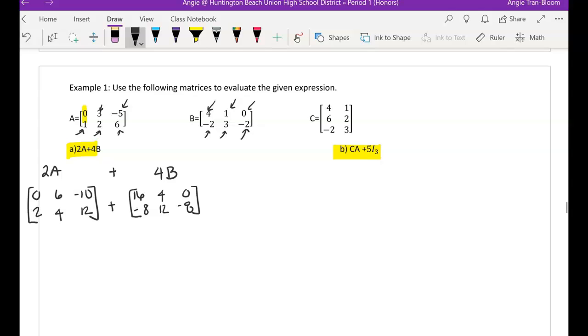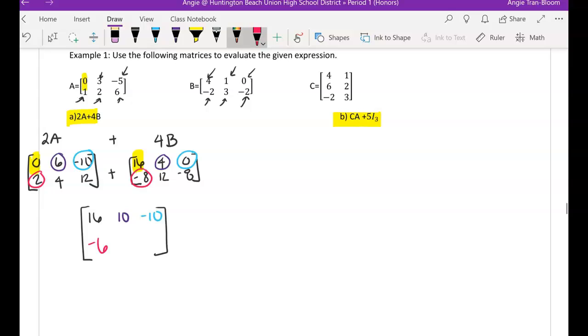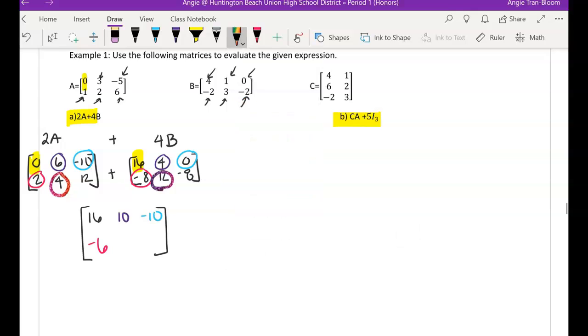When I add these two together, I'm going to have a 2 rows by 3 columns matrix, okay? All you're doing when you're adding is adding the same location. So 0 plus 16 is 16. Then 6 plus 4 is now 10. Then negative 10 plus 0 is negative 10. Then 2 plus negative 8 is negative 6. Then 4 plus 12. Ooh, that's fat. Okay, let's make it skinnier. 4 plus 12 is now 16.